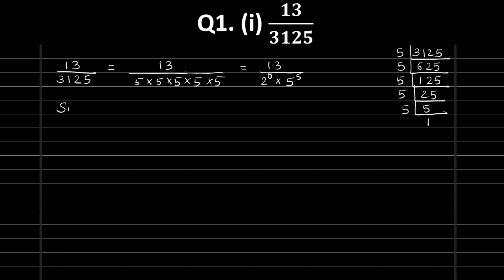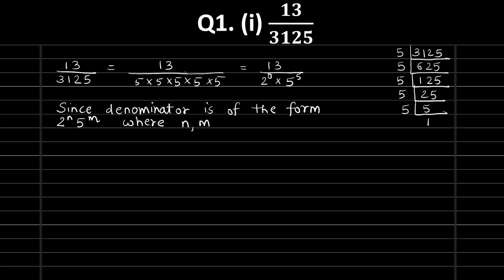Now, since over here, the denominator is of the form 2 raised to n into 5 raised to m, since the denominator here is of the form 2 raised to 0 into 5 raised to 5, which is of the form 2 raised to n into 5 raised to m, where n and m are whole numbers, or we can say non-negative integers, right?